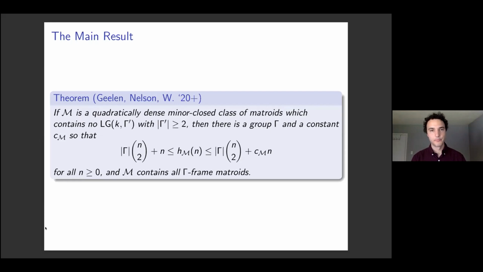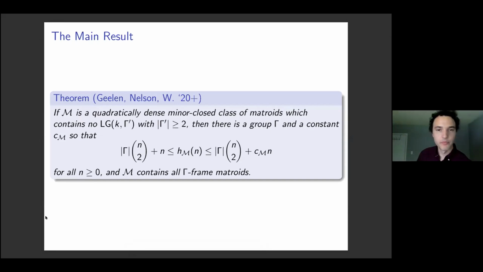Okay, so before I move on to the second half, are there any questions? I guess I have a question. So is there a bound on that constant?